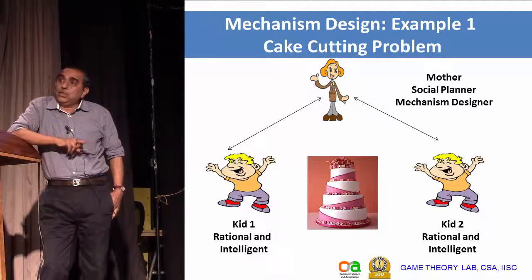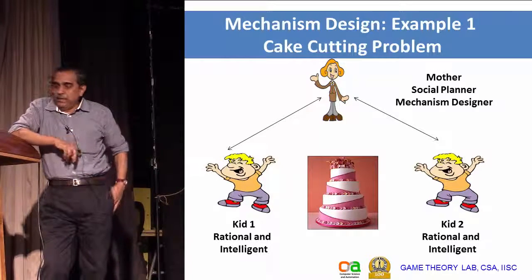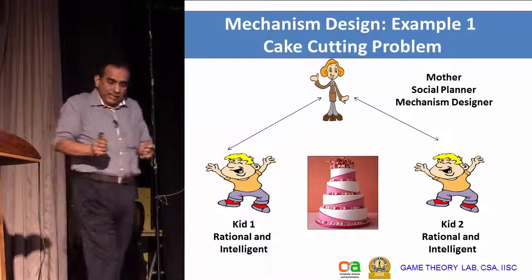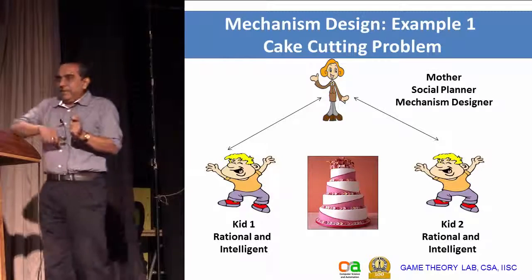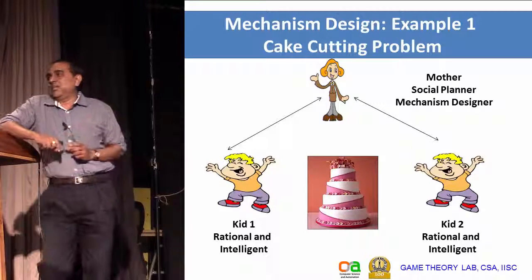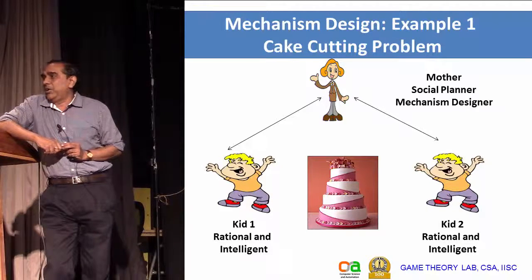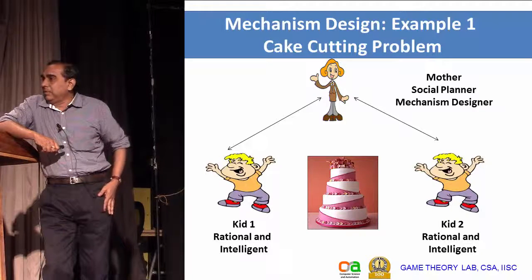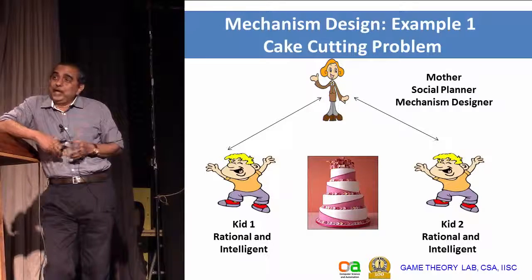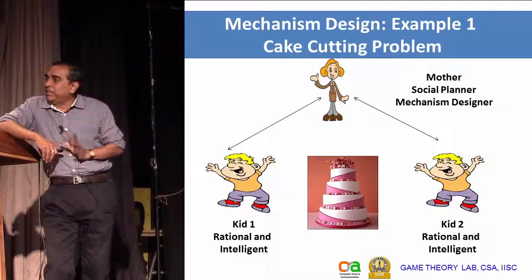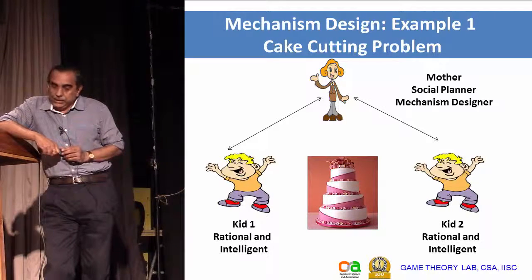Now in this solution, the problem is that even if the two slices are exactly of the same size, each child will go away with the feeling that the other child got the larger of the two slices. So the children are not going to be happy with this kind of a solution. And also the mother has to take the best possible knife and then has to apportion that into two pieces.